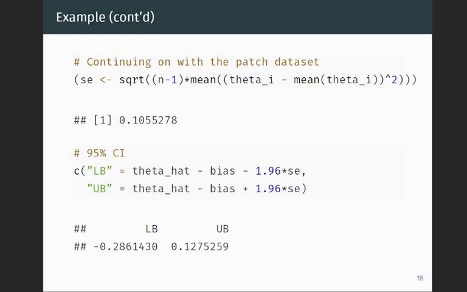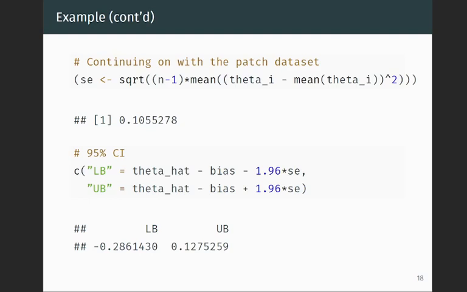So here I'm taking the square root of n minus 1, and then in the formula it's divided by n, but instead of dividing by n and taking a sum, I'm just taking the mean here. So the mean of the squared differences, theta i minus the sample mean of the theta i's. So what we get is, again, an estimate of the standard error, which is about 0.1 or 0.11.